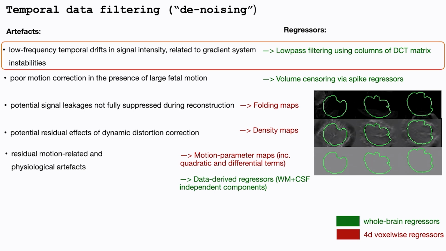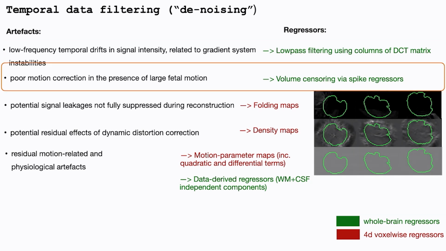It starts with artifactual low-frequency temporal drift in signal intensity, for which we use low-pass filtering using columns of the discrete cosine transform matrix. Inevitably, there will be poor motion correction during periods of extremely high motion. Volume censoring is almost necessary, which was implemented by spike regressors.